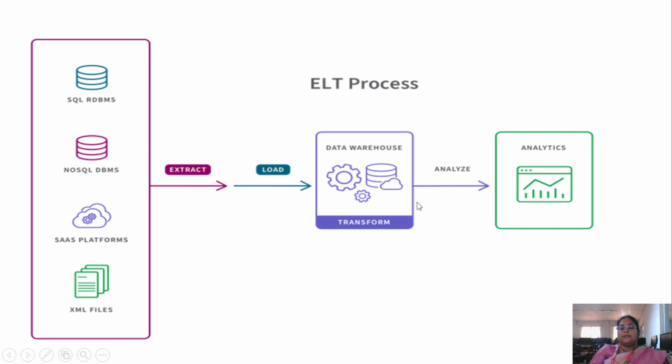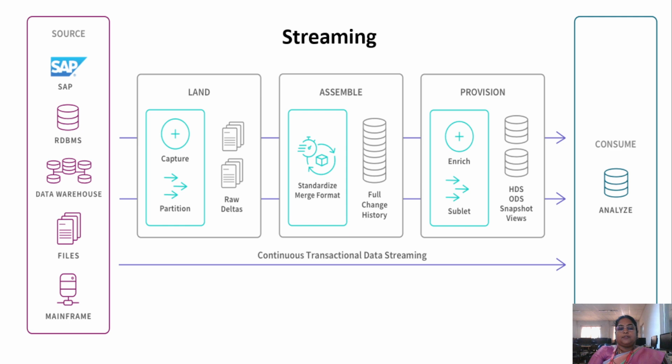So the data warehouse will be loaded, and after that we transform it for the analytics, for analysis purposes. That is the main difference between ETL and ELT: in ETL the transform is done first, and in ELT the loading is done first.